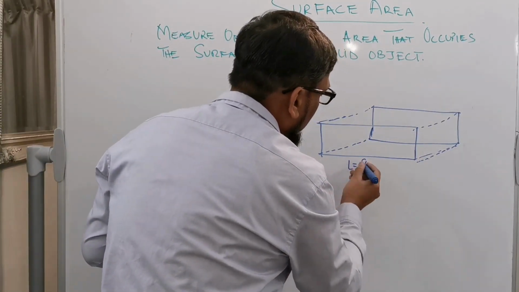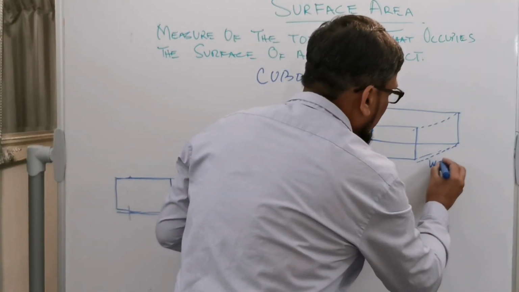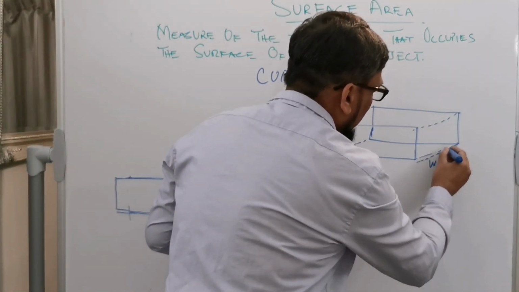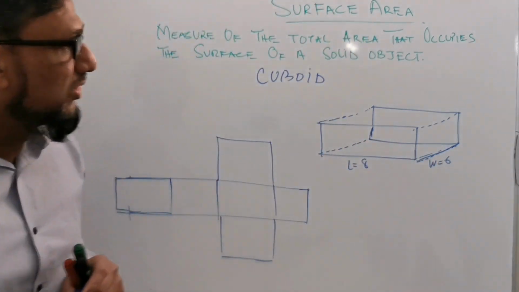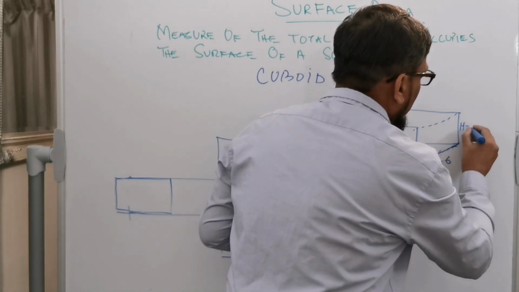So length equals 8. Width is, if I say this is the width for this cuboid, and the height is equal to 4.